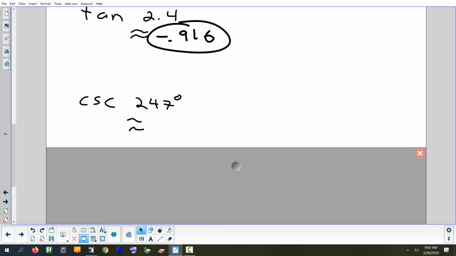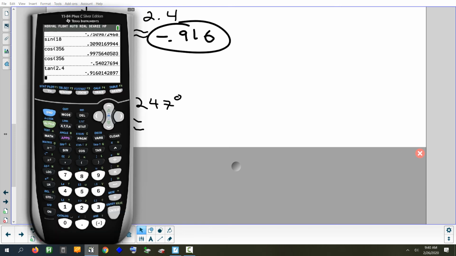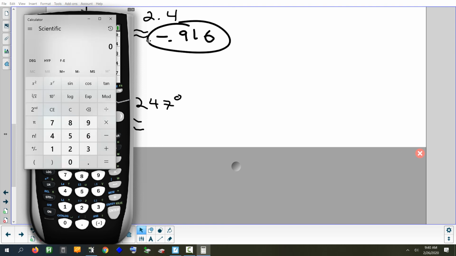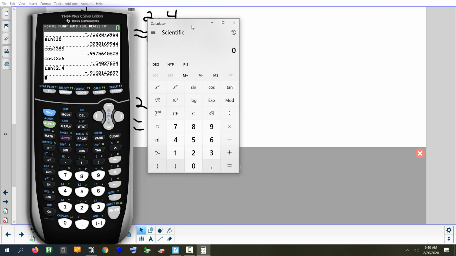Okay, so I'm in the right mode, and I'm looking for cosecant. Whether you're looking at that calculator or this one, or the one that you have, do you see a button on there that says CSC? No. There is no button for CSC.